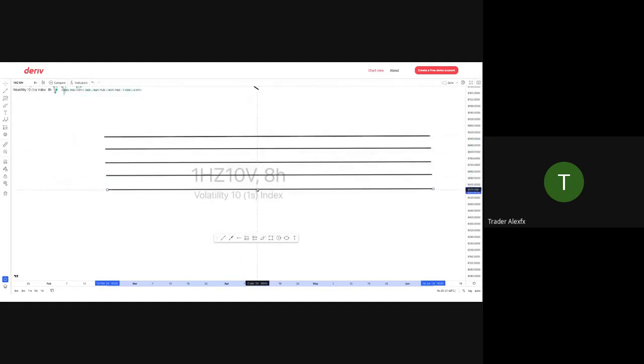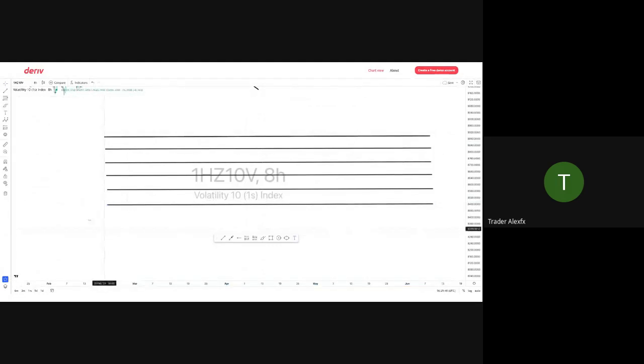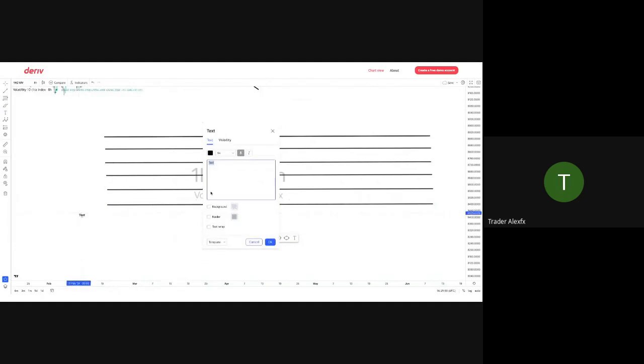Now I'll label the price. I don't know the current price of pure water now, but we'll assume, but I know where pure water was. Let's start from 0.